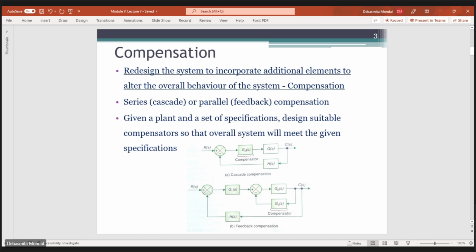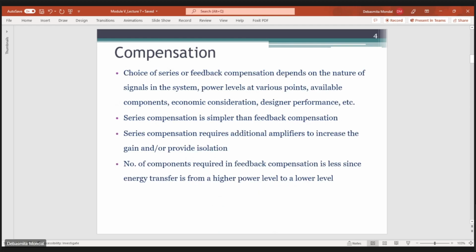These are the two types of compensations generally used in order to meet specific criteria given for the system.